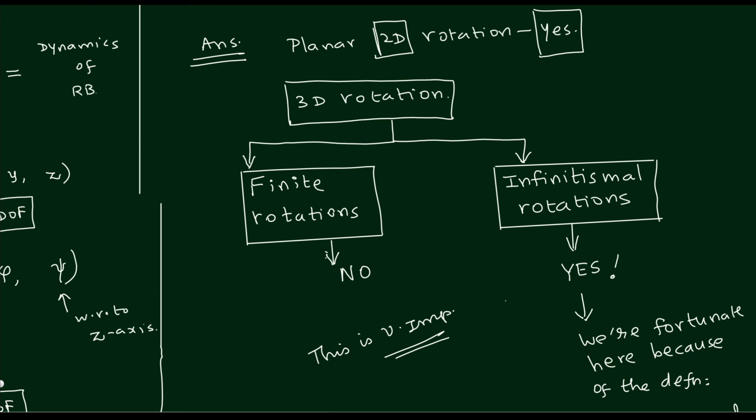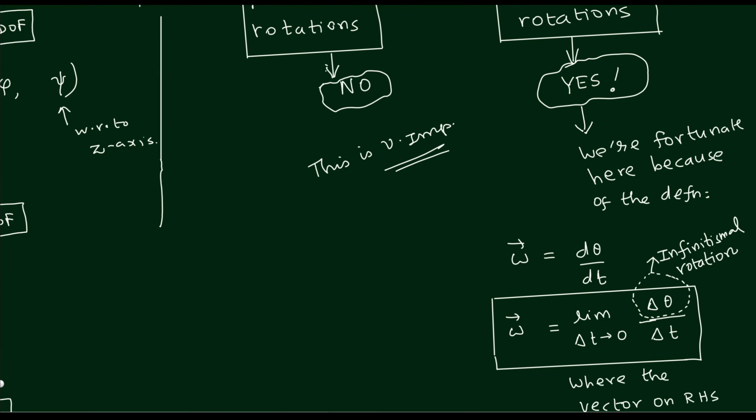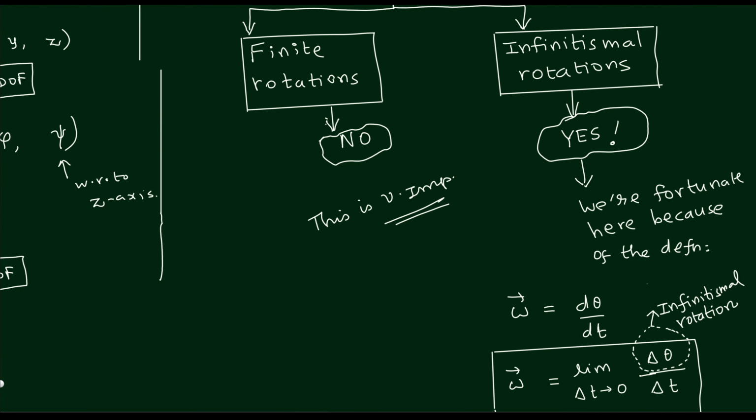Now I will go to the explanation. How do you say 2D rotation is a vector? How do you say finite rotation is not a vector? And all that. Okay, so let us, I think this board is full. I'll go to a different place of the board, and then try to draw some diagram and then explain what is actually happening in this case.